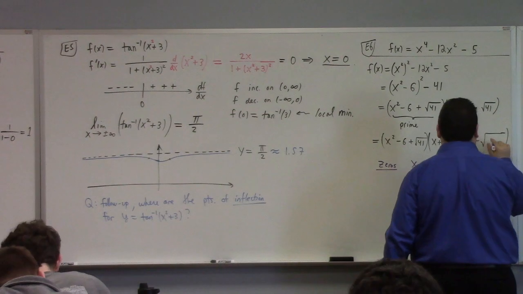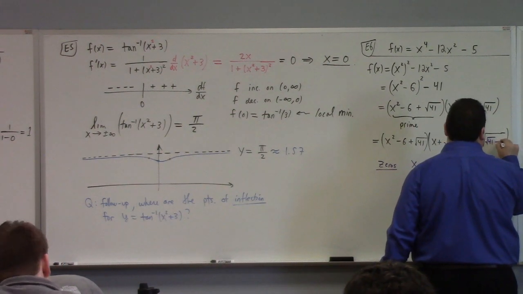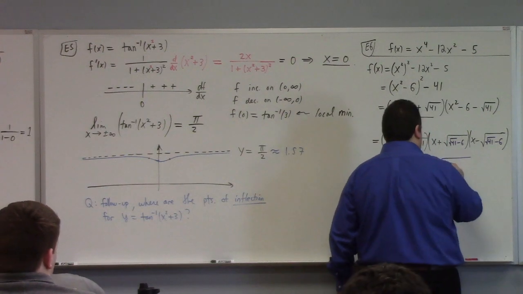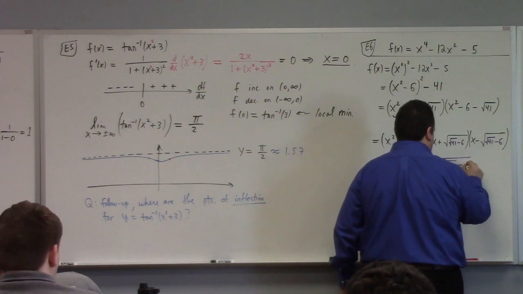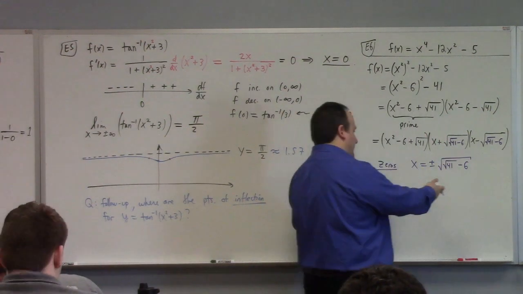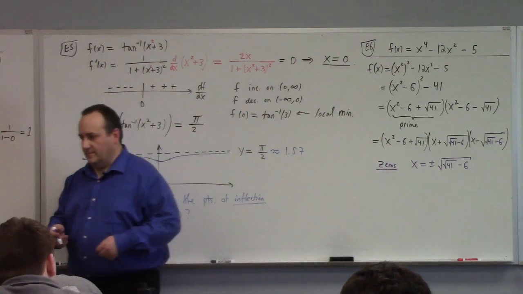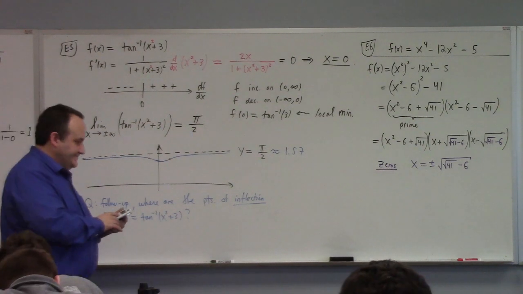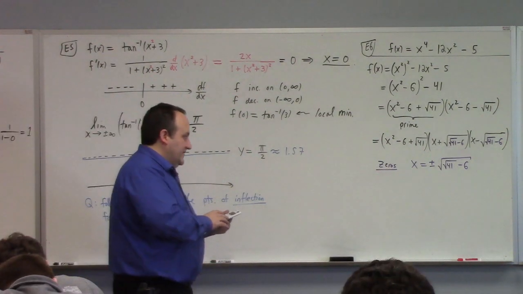Indeed. Square root of 41 minus 6. So there you go. That's where this monstrous function crosses the x-axis. 2 places.